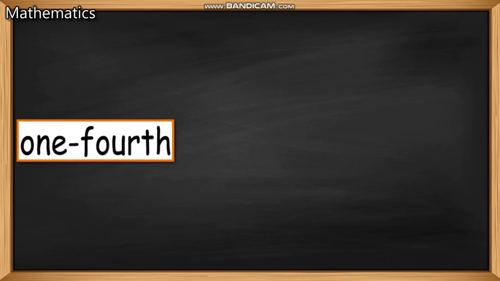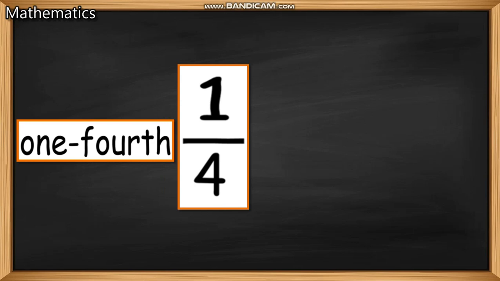Okay, then next let's discuss 1/4. How can we write 1/4 using numbers? Listen, this one. How can we read this number? 1 by 4, or you can read 1/4. Okay, I am showing a circle to you.